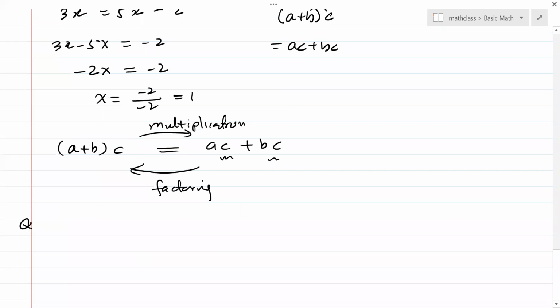All right. The next problem is going to be 1/3 x minus 1 equals 2x. Okay. Please do this.